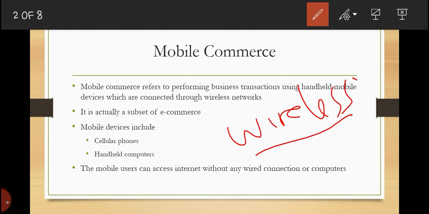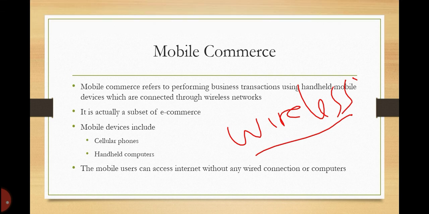Buying, selling, marketing, services, delivery, and even payments of goods and services are all completed over mobile technologies. Devices such as smartphones, tablets, and many other wireless devices, we call this kind of electronic commerce mobile commerce.